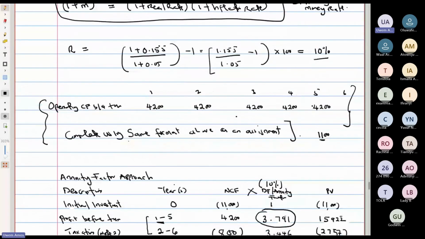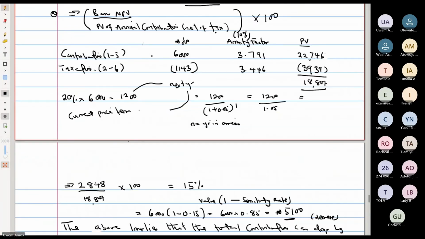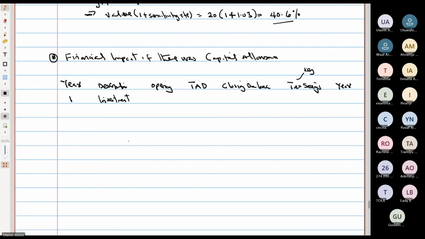So let's just take off 3 zeros since that's what we've been doing all this while. So our opening balance is 11,000. I'll just note here that I'm taking off 3 zeros.